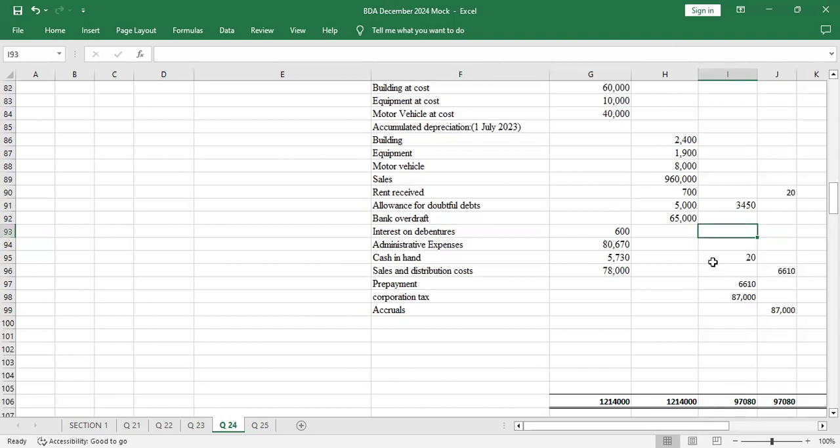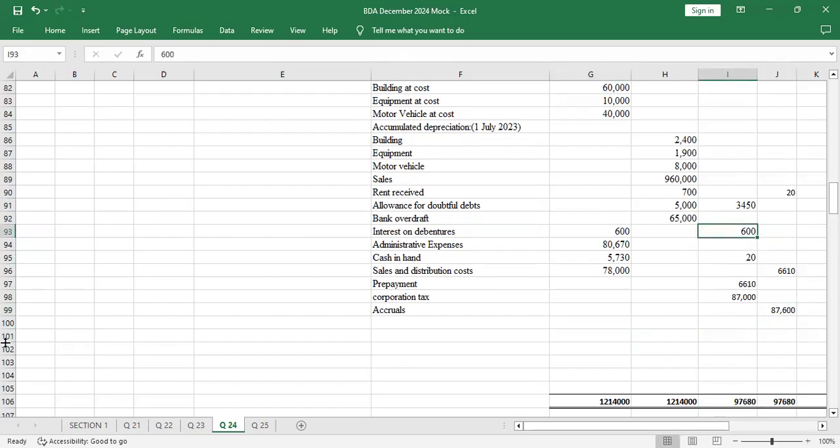Then we credit the accruals account with the 600 because we only pay 600. The other 600, the balance, is an accrual. So we'll have to include it here. So we'll add it to 87,000. So I'll say 87,600 for that matter. I think you have understood that.